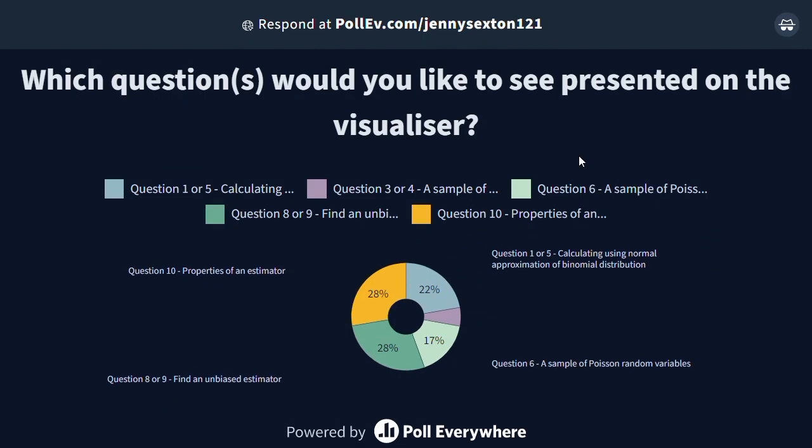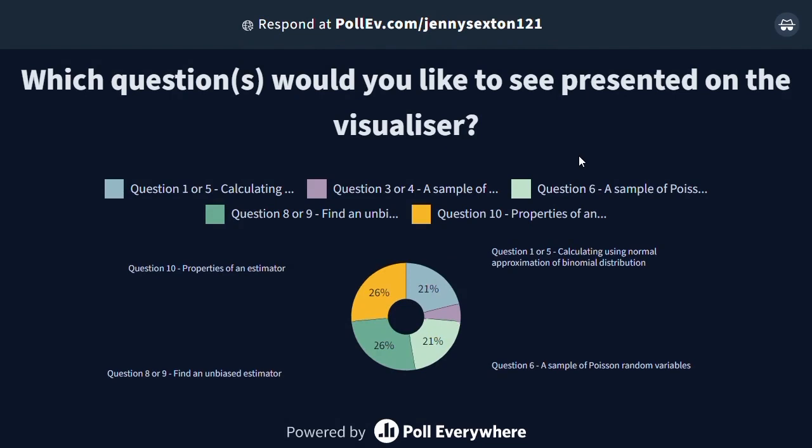Okay, it seems like while I've been explaining that we've swung towards 1 or 5 first, and then 8, 9, 10 at the end. Okay, so let's go with that instead.